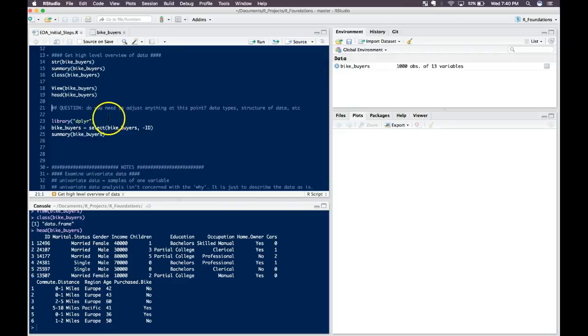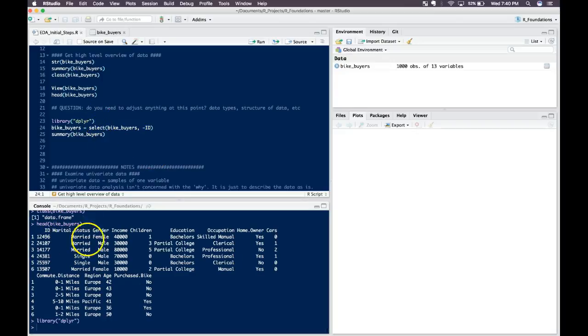So the first thing that we're going to do is take care of the ID column that we talked about right here. We don't want that column, so we're going to include the dplyr library. We're going to use that select function, and we're going to give it the minus sign and ID. This is going to drop the ID column, and we're going to overwrite whatever we return here.